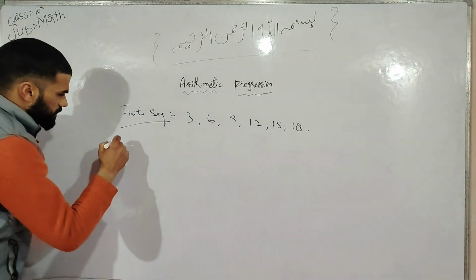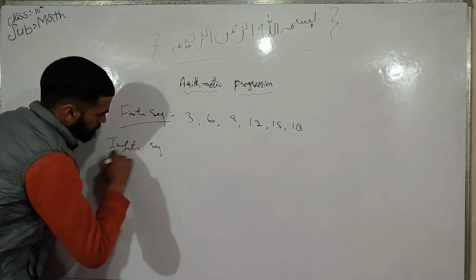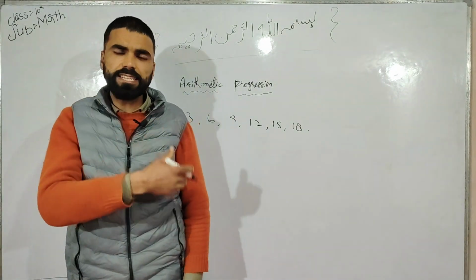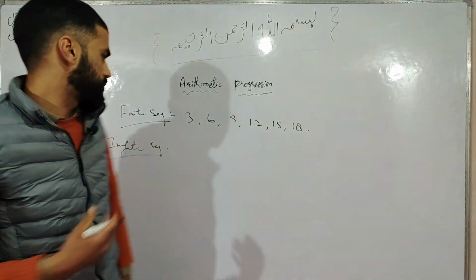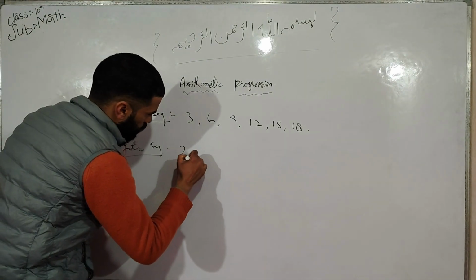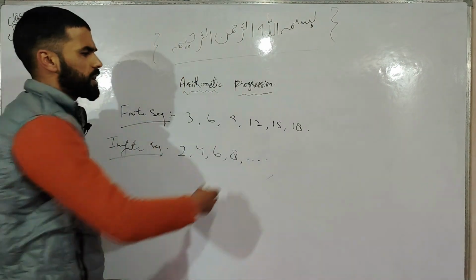But in an infinite sequence we have an infinite number of terms, so it is known as an infinite sequence. For example, 2, 4, 6, 8 and so on up to infinity.